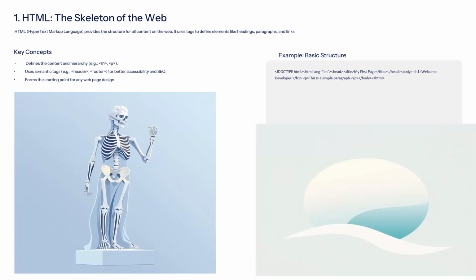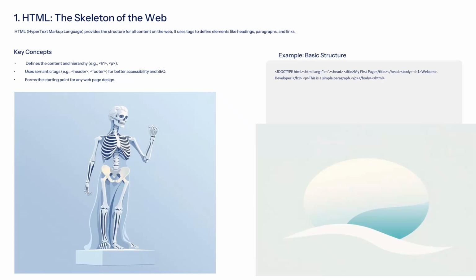So let's look at some key concepts. First, HTML defines the content and hierarchy using tags like H1 for headings and P for paragraphs.